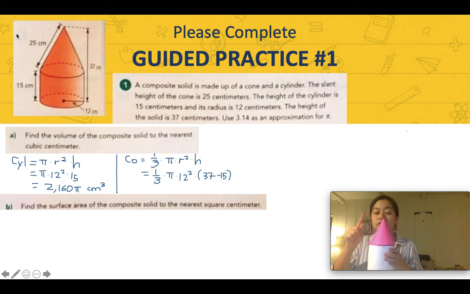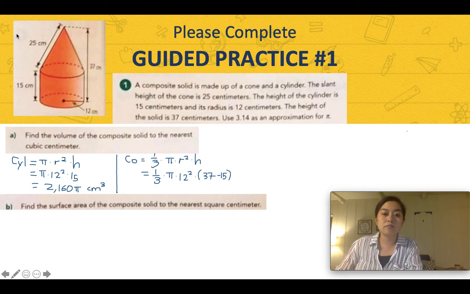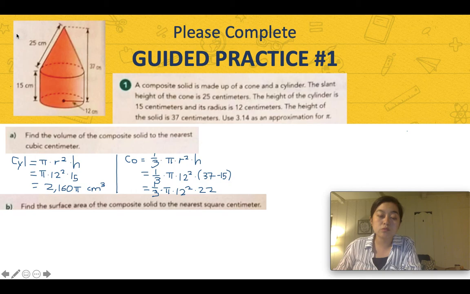So I'm going to do 37 take away 15, which will give me the height of my cone, okay? And that becomes 22. 37 minus 15 becomes 22. And then when I calculate all just the number values, it is 1,056 pi cubic centimeters, okay?